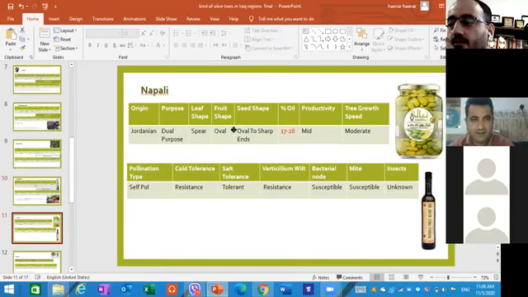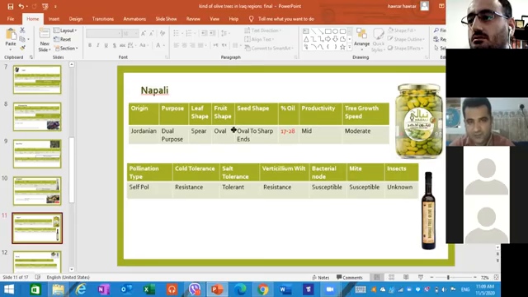And Nabali, the other type of cultivar, is originally from Jordan, and the purpose is double purpose. Leaf shape is spear, fruit shape is oval, and seed shape is oval with a shape index. Oil content is between 17 to 28.